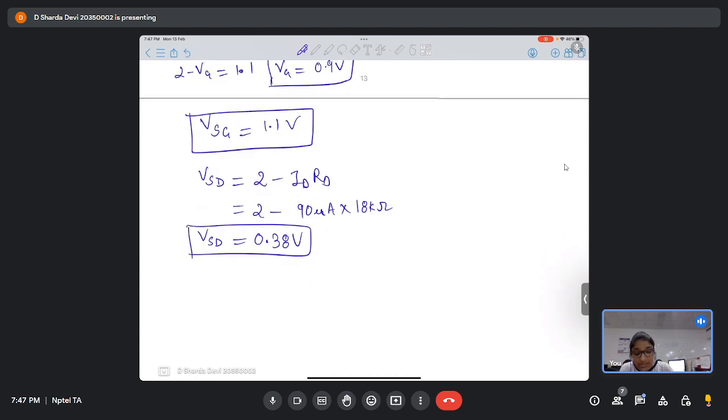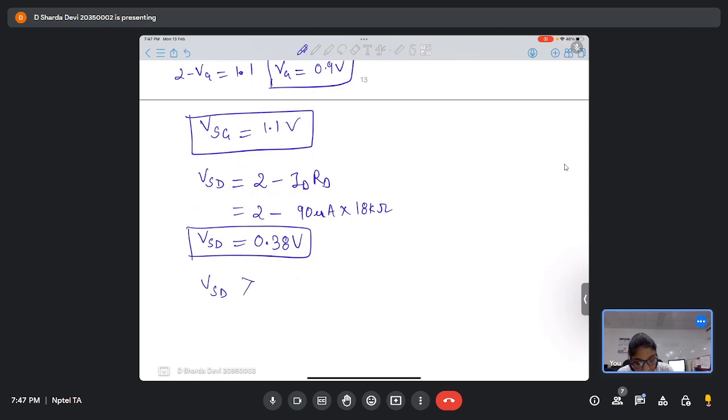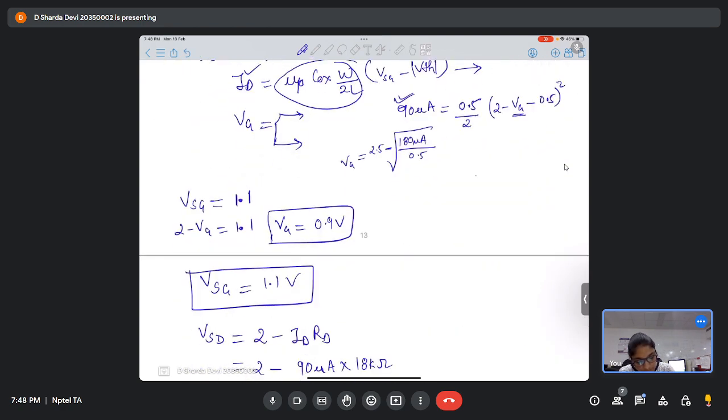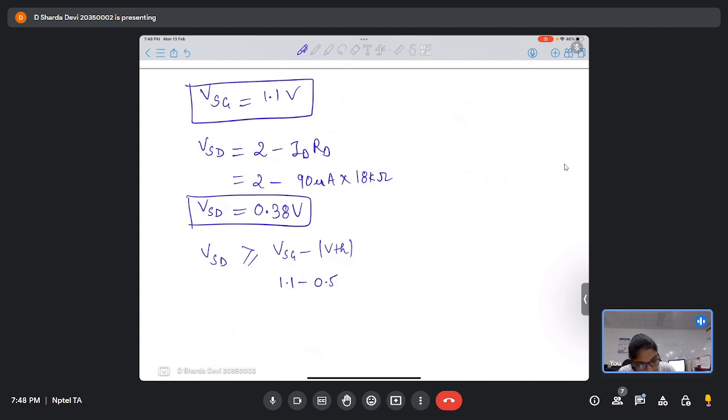What is the condition for saturation? VSD should be greater than or equal to VSG minus mod of VTH. Let's substitute: 1.1 minus VTH, how much is VTH? 0.5. So we get 0.6. This is VSG minus mod of VTH, and VSD is 0.38 volts, which is less than 0.6.